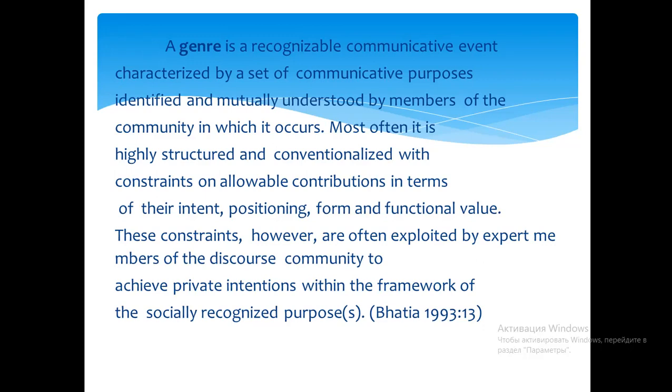Most often, it is highly structured and conventionalized with constraints on allowable contributions in terms of their intent, positioning, form, and functional value. These constraints, however, are often exploited by expert members of the discourse community to achieve private intentions within the framework of the socially recognized purposes.